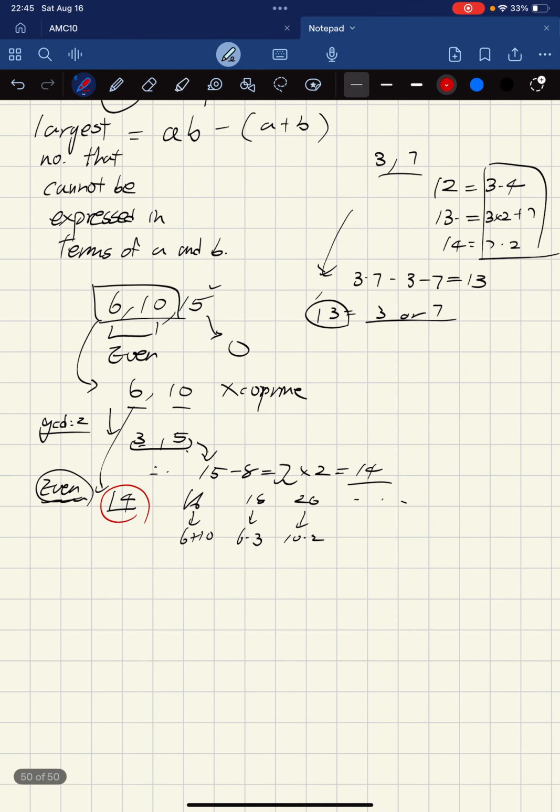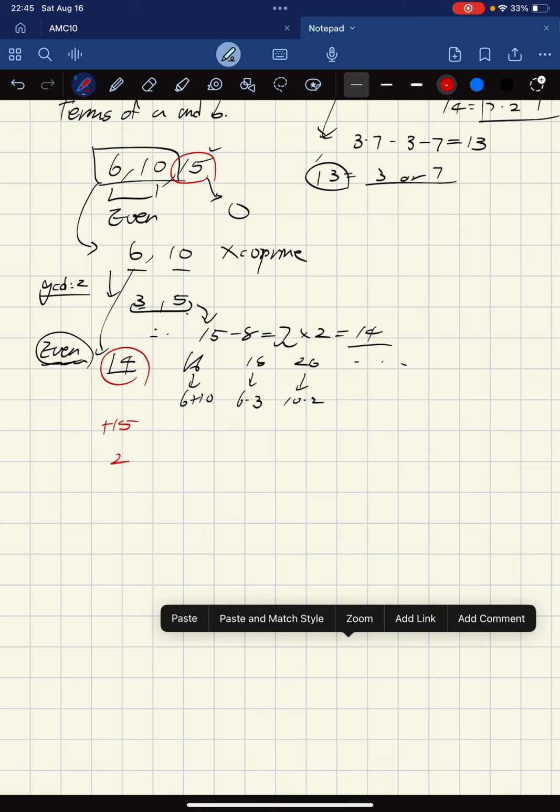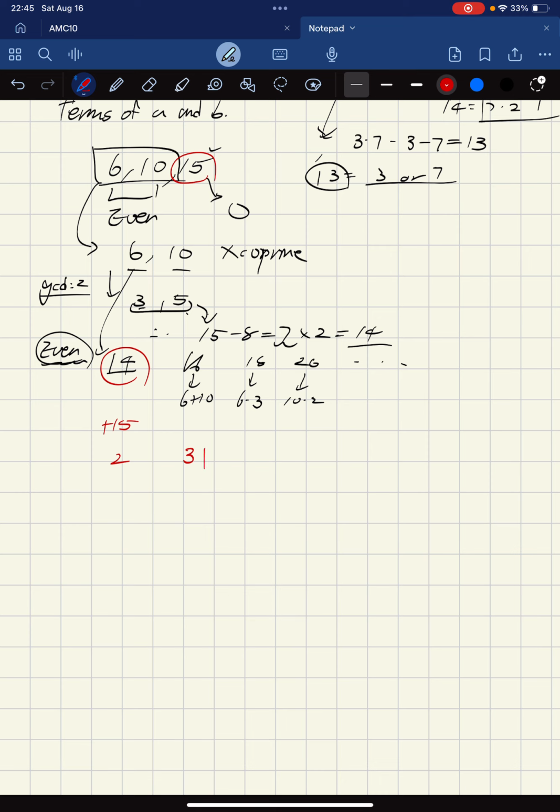Now, we'll just add 15 to it. 29, 31, 33, 20 plus 15, 35, and the list goes on. And in between those odd numbers, 32 can be represented, because it's an even number, again, by 6 times 2 plus 10 times 2, so 20 plus 12, right?